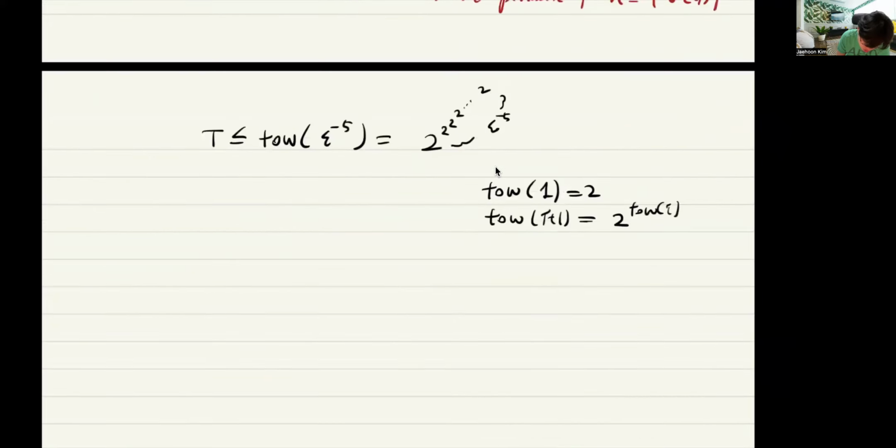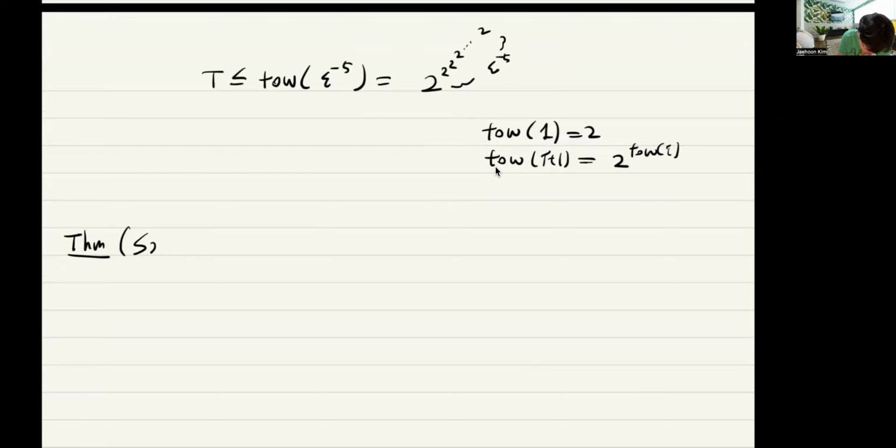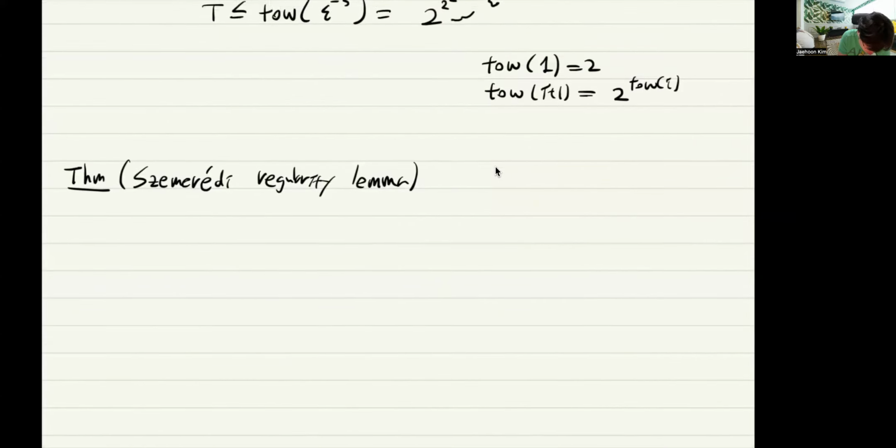And usually we use this Szemeredi regularity lemma in the following form. There are actually several forms, which are all equivalent, that are used in different situations.